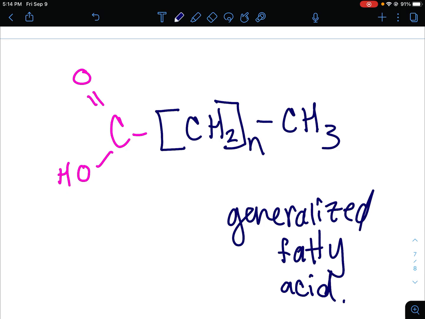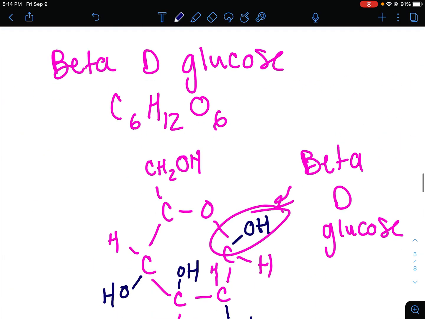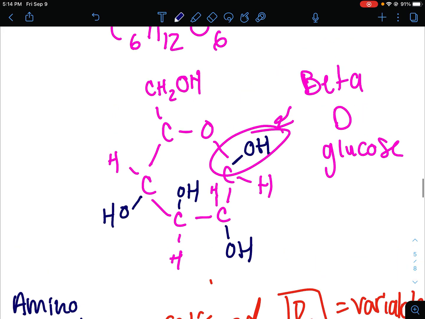Right, so these are the 5 biomolecules that you could be asked to draw on a test or on the IB exam even next year. You could also be asked to identify one, so I could give you a picture of a glucose, and I could ask you, which type of glucose is this? And you should know it based off of the picture.